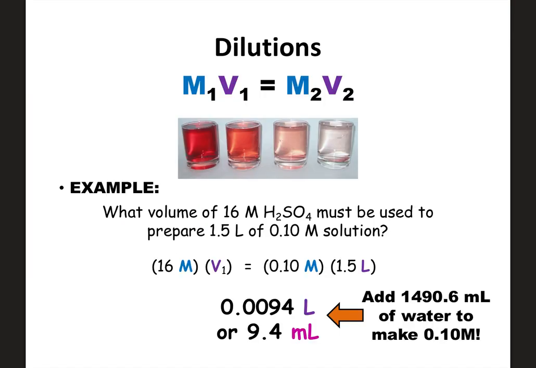In order to do a dilution, you're going to use this simple equation right here: M1V1 equals M2V2. You have a beginning molarity and volume and an ending molarity and volume. And your units don't necessarily matter here for volume as long as they match. If you're using liters on one side, then you're going to have liters on the other.